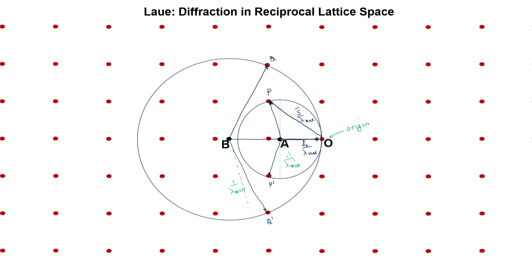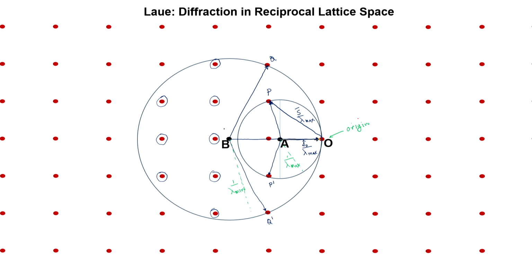Now, what about other values of the wavelength? Well, in between the volume of the smaller sphere and the larger sphere are all of these reciprocal lattice points. They will all lie on one or the other sphere of reflection which will have some specific wavelength. Therefore, all these circled points that I have drawn would produce a diffraction.